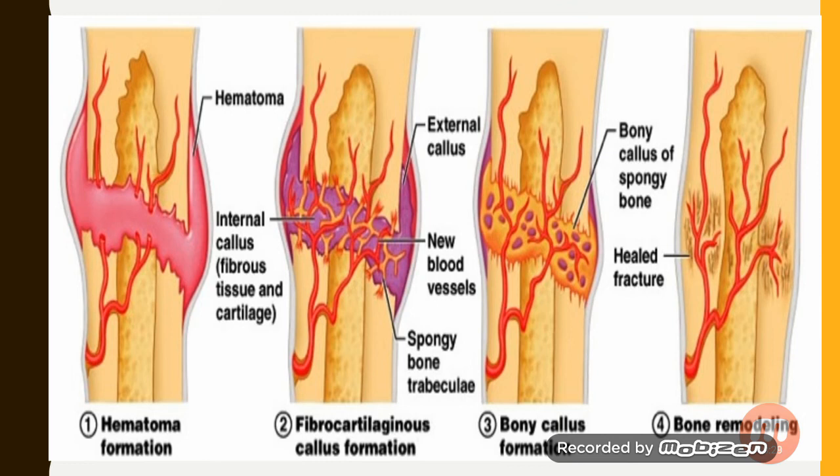In the fourth step, the bone will start the remodeling process by the excess deposition of the mineral ions. It takes place when a compact bone is formed in which the cells called osteons from both sides break and extend across the fracture line to connect the bone.